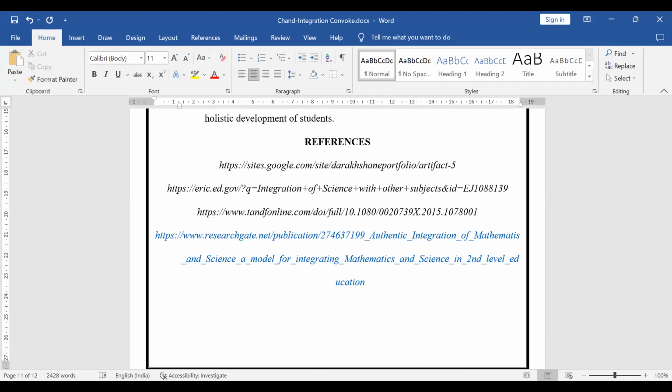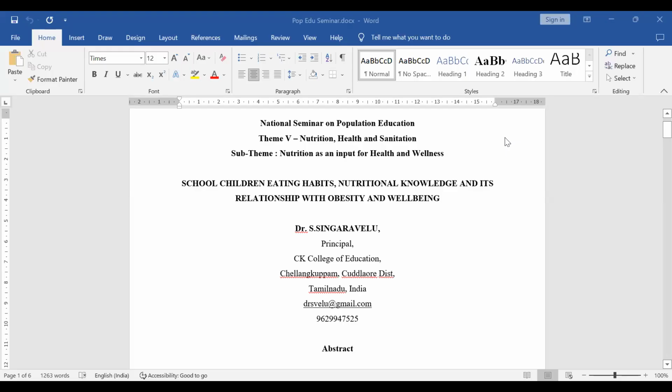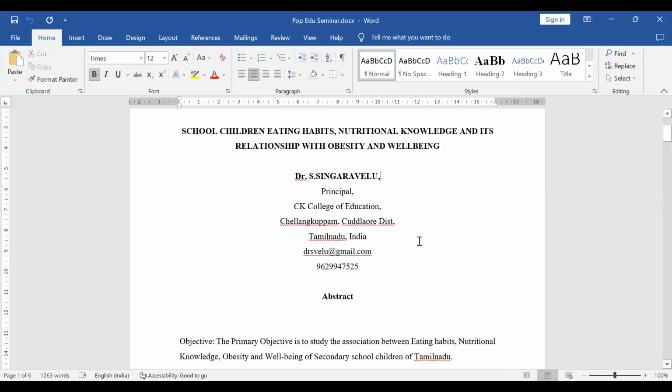Another paper I will be showing. This is my paper that we submitted for the population education seminar, Ajmer, this year, but I was not able to go, as I said.